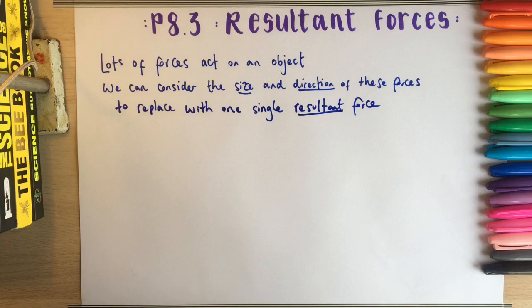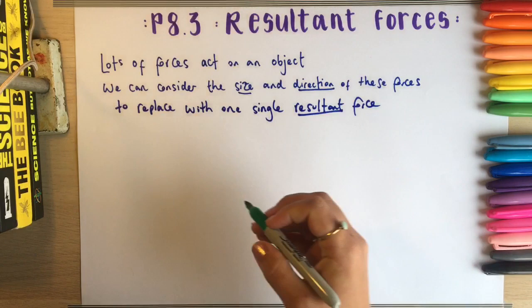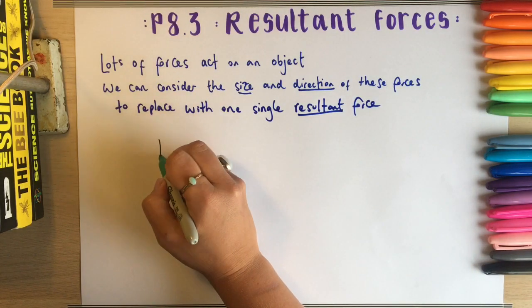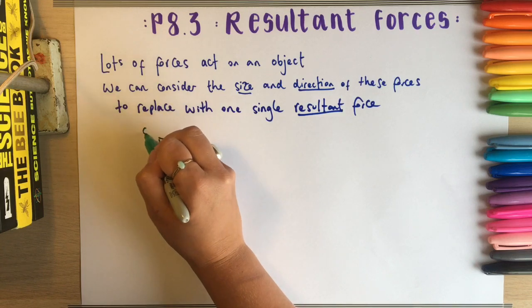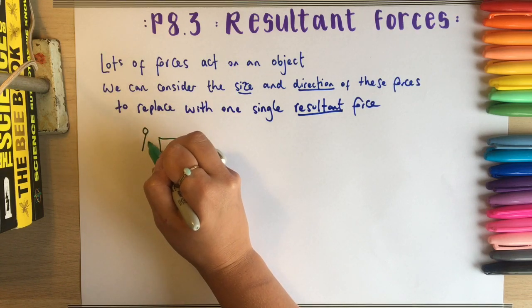So what does this look like? Well, we're going to split this up into balanced forces and unbalanced forces so that we can have a look at it. And in true tradition, we're going to think about a box and somebody pushing a box. So now I have to draw.